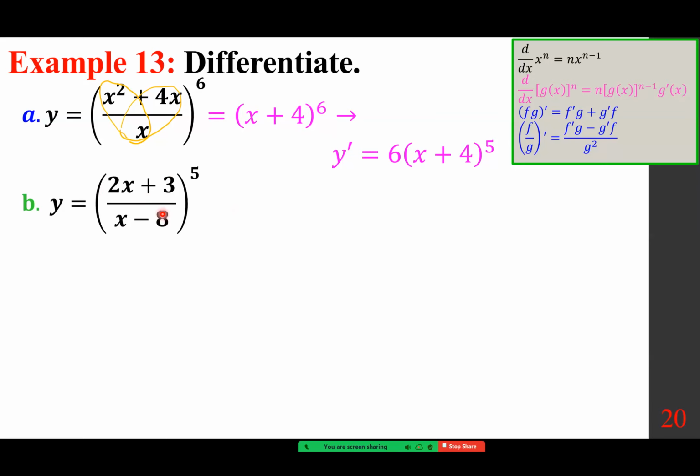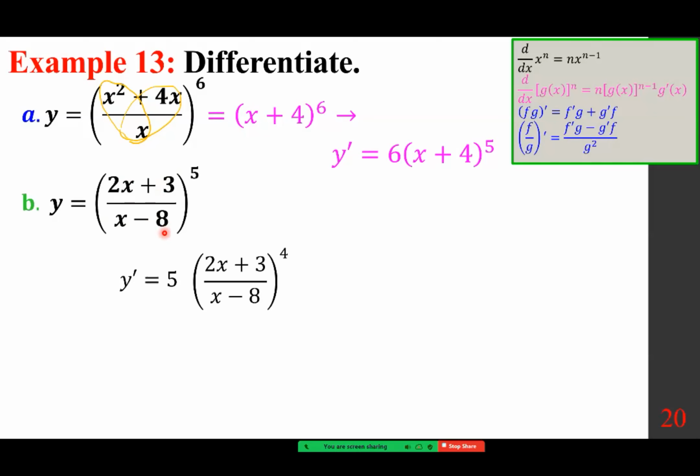So if you ignore that for now, something to the power of 5, and I'm going to go with that. So 5 sits in front, y prime equals 5. Same thing, whatever it is, to the power of n minus 1. Same thing to the power of 4. Okay, everybody. Finally, I need g prime of x, which means I need the derivative of the inside, 2x plus 3 over x minus 8.